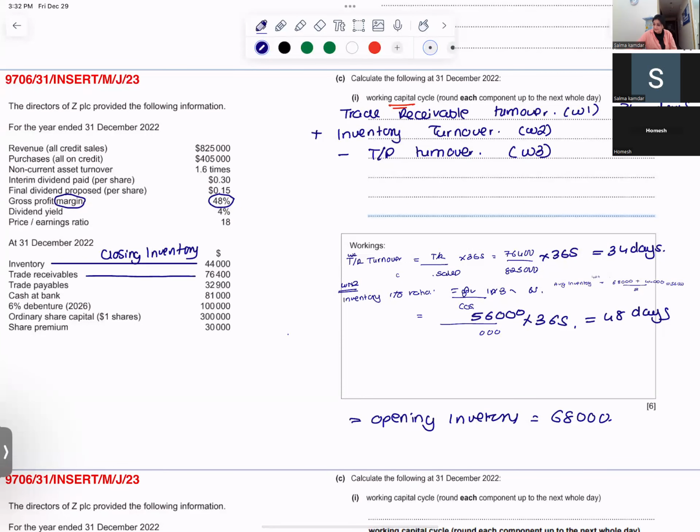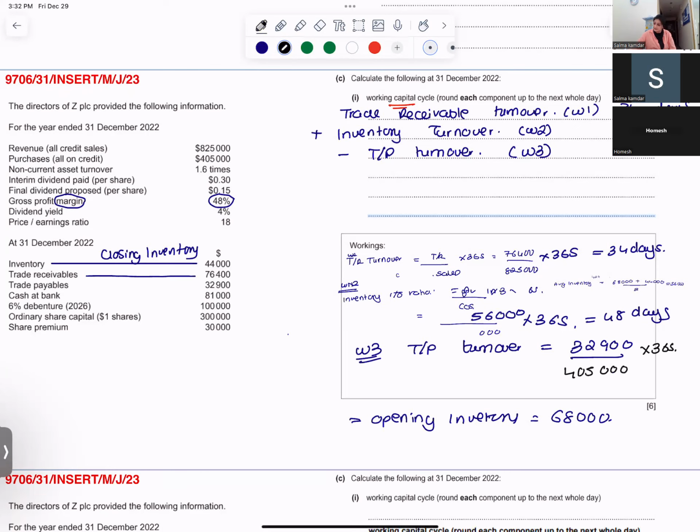48 days. Come on, trade payable turnover ratio. Trade payables by credit purchases into 365. Trade payables is how much? 32,900. Credit purchases is 405,000, into 365.